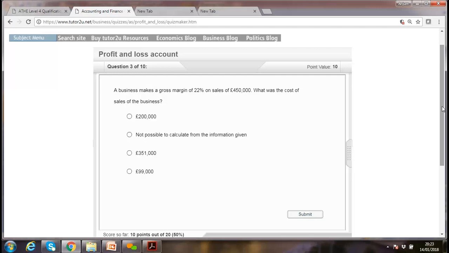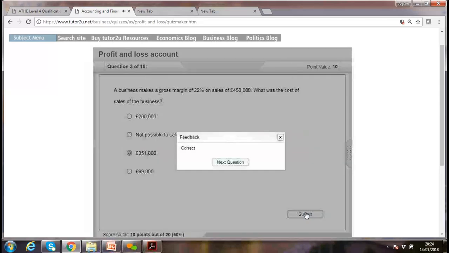Which amount do you think is correct? Which option? 200,000, not possible to calculate, 351,000, 78% of 450,000, or 99,000. C. C. Well done, correct.